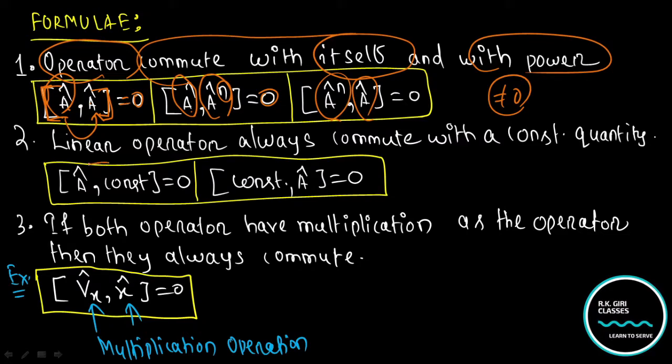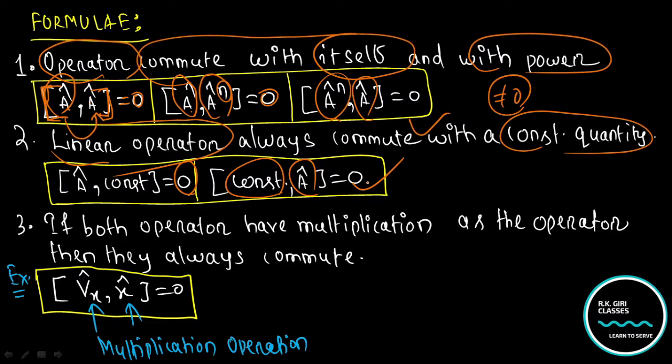And if you have a linear operator and you commute it with a constant quantity, any constant quantity, the result will always be 0. That means a linear operator always commutes with a constant quantity, and the reverse is also 0.